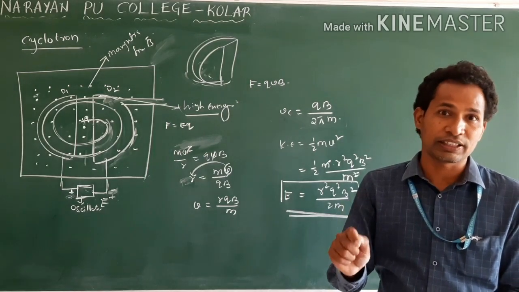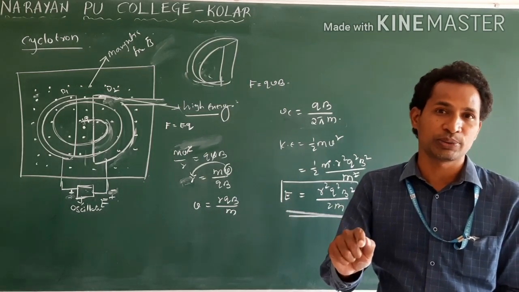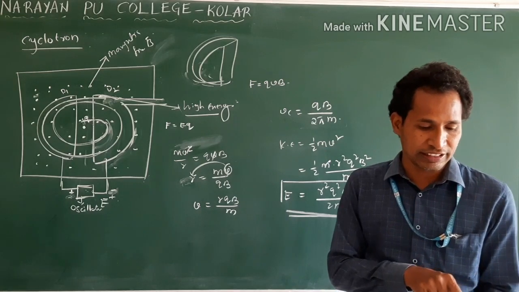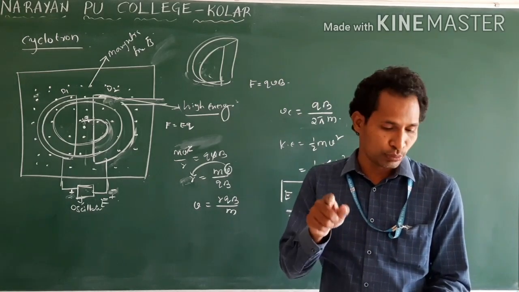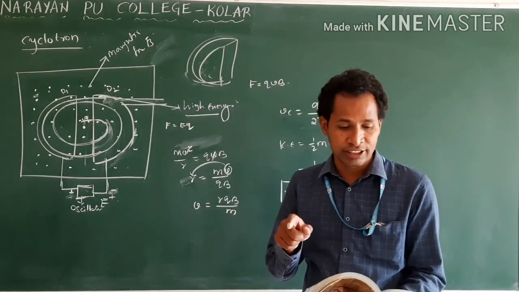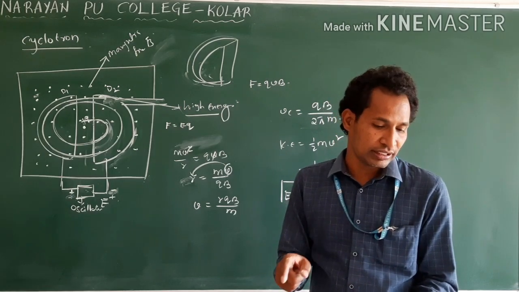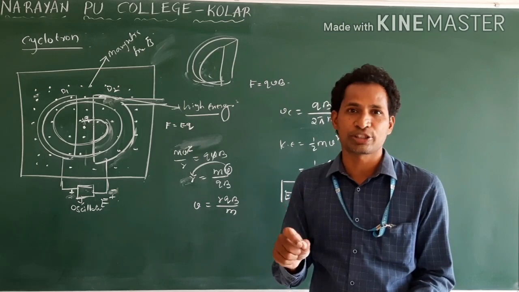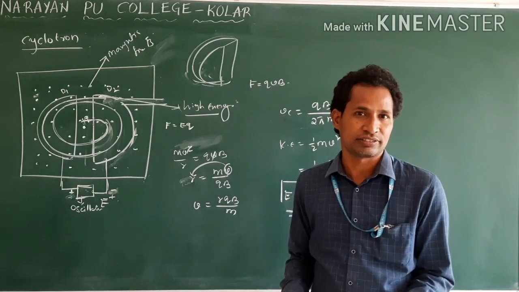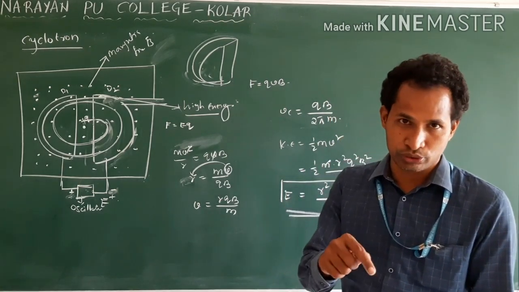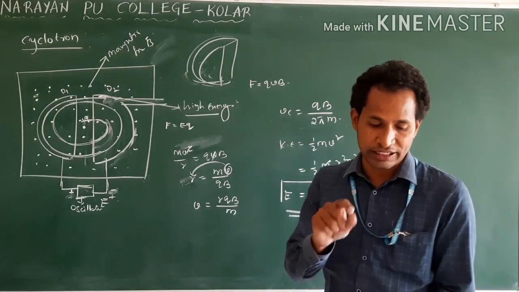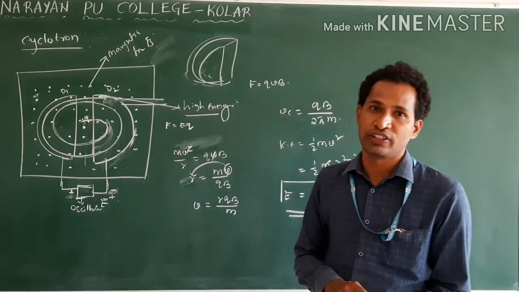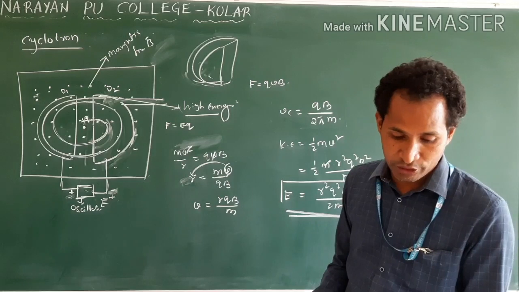You need to mention the purpose too. Write clearly that it is used in hospitals to produce radioactive substances which can be used in diagnosis and treatment. If you simply write used in hospitals, that's not correct. How do they use it, and for what purpose? You need to write that in the answers. We do expect this in the 2 mark and 3 mark questions.